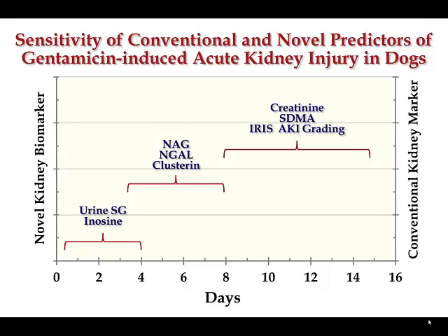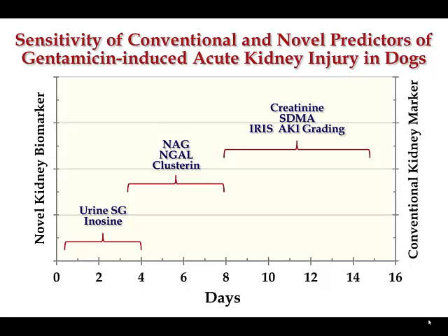Then we've got another series of biomarkers, NGAL and Clusterin, which are probably going to be very, very useful at perhaps picking up between 3, 4, 5, 6, 7 days worth of injury. And then we've got our traditional markers, creatinine, SDMA, IRIS grading, that are all still going to be useful, but they're going to identify animals at a much later stage of disease.